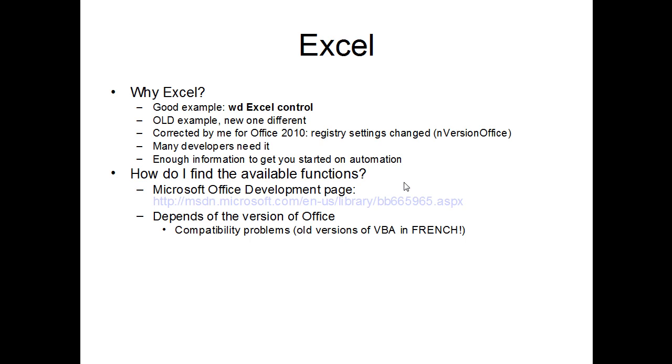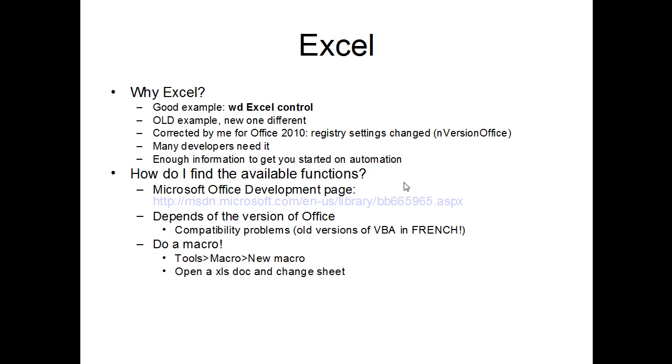Now, in Excel, there is a trick. In fact, in all the Office tools, there is a trick to find the code to do something inside your program. This trick is to create a macro inside the external tool. So in Excel, you go to Tools, Macro, New Macro, and for example, you open an XLS document and change the sheet you're working on.